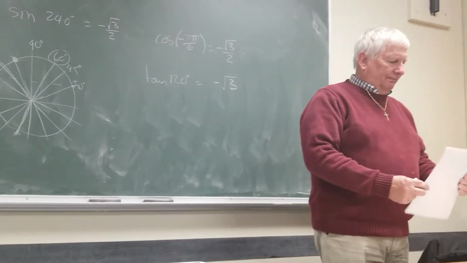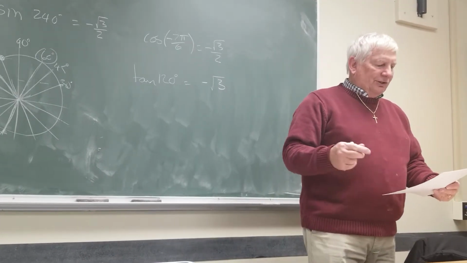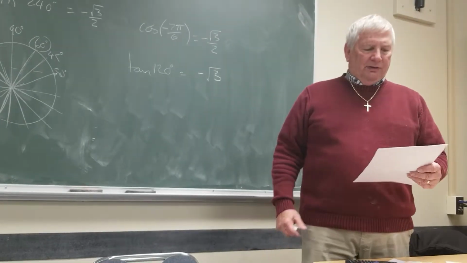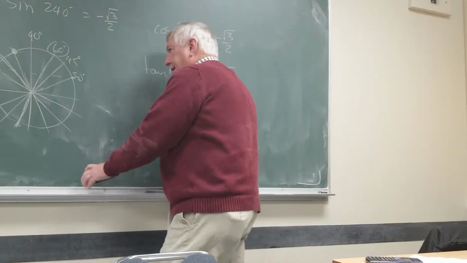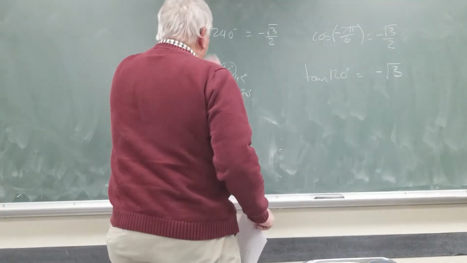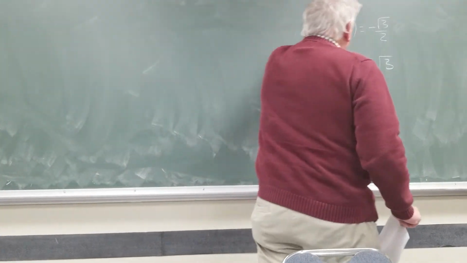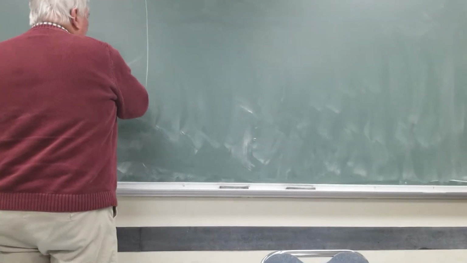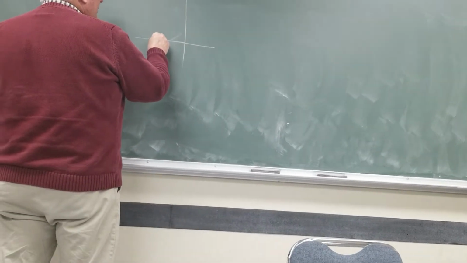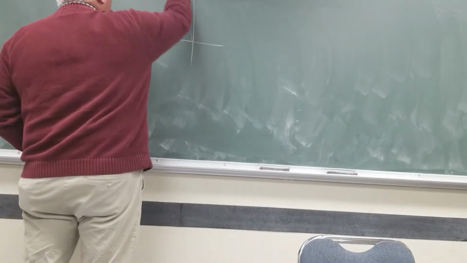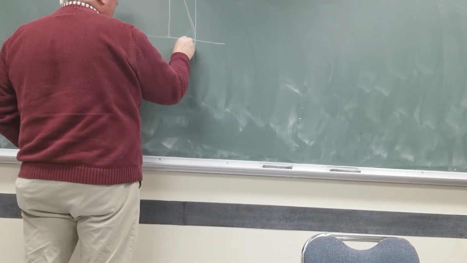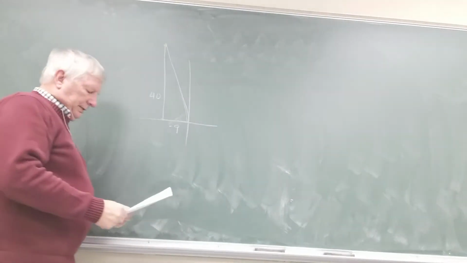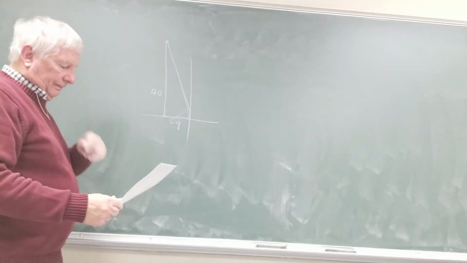Number 7. Given the angle theta in standard position with point -9, 40 on its terminal ray, find the exact value of each of the following. Okay. So, -9, positive 40, because it's x and y.